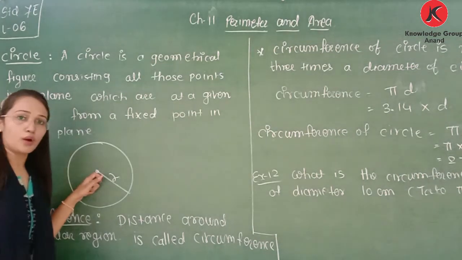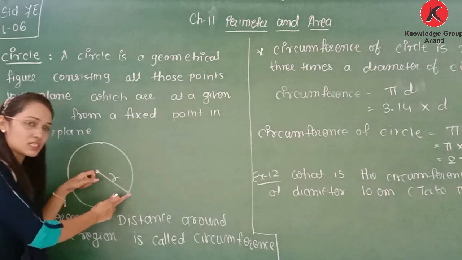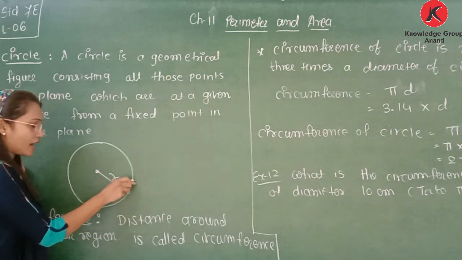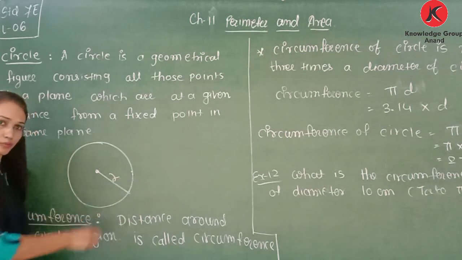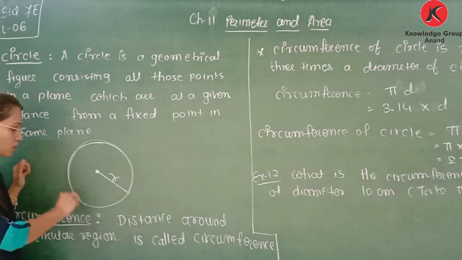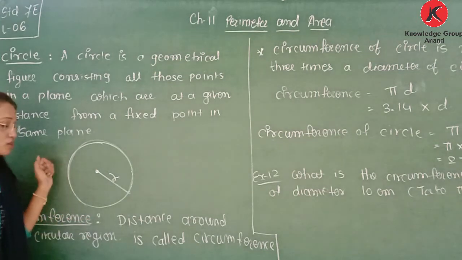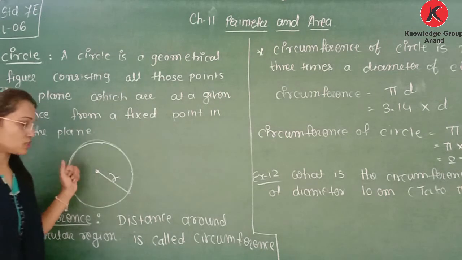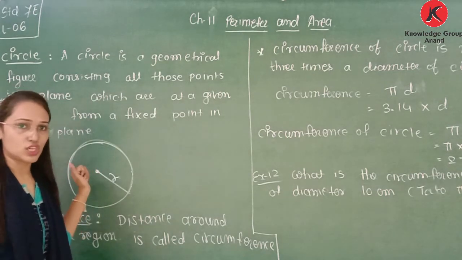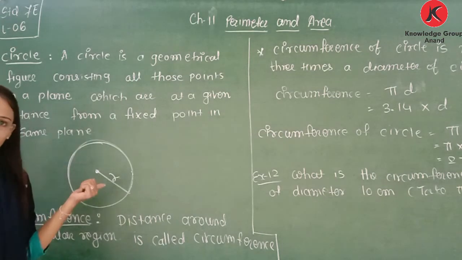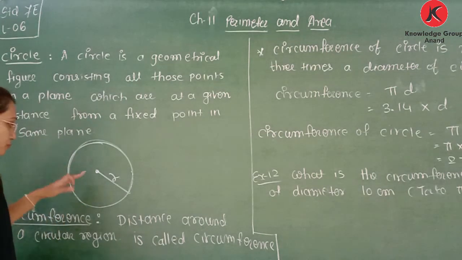If we take points that are at distance r, all these points are at distance r, and this collection of points forms the figure of a circle. A circle is a geometrical figure which is the collection of points which are at a fixed distance from the given point. Clear?